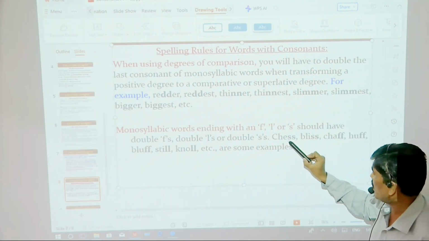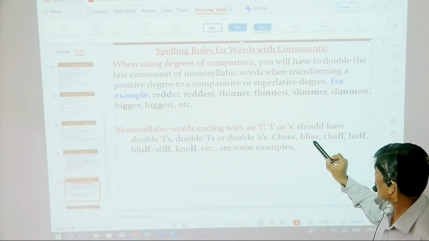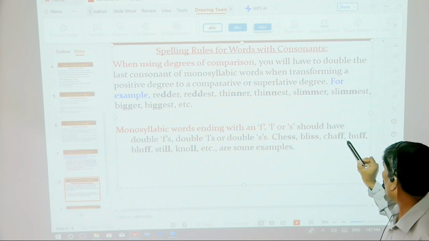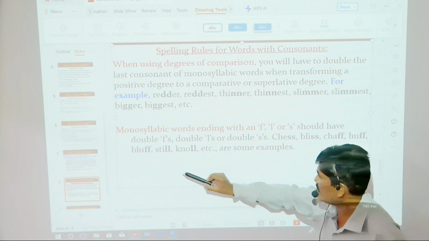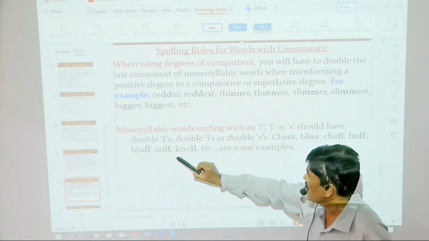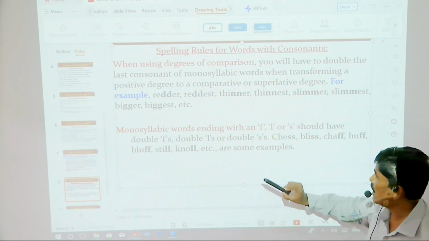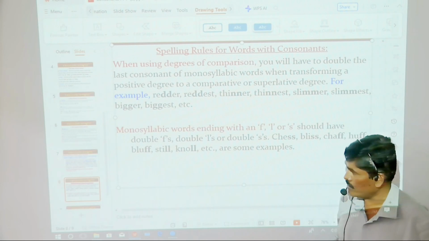For example, chess, double S, bliss, double S, chaff, double F, huff, double F, still, skill, null, etc. These are some examples.